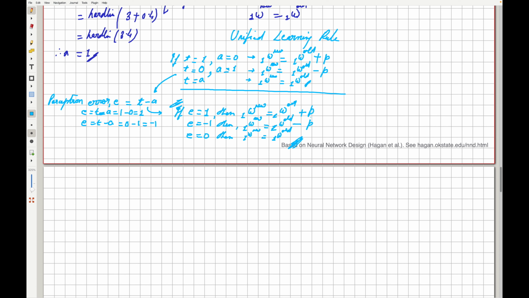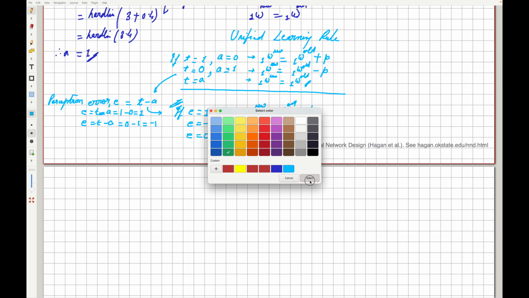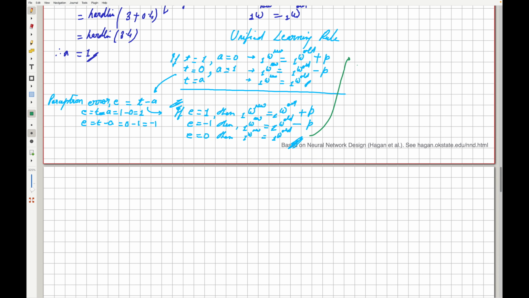And this particular part we can also write as follows. The new W is equal to the old W plus E times P. What we mean by that is the old W plus T minus A times P. So that is how we update our weight matrix in each iteration when we train a perceptron.